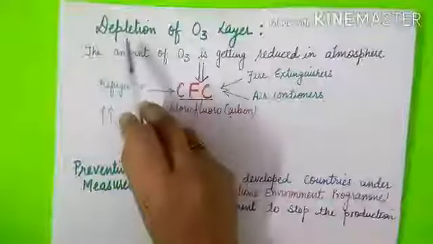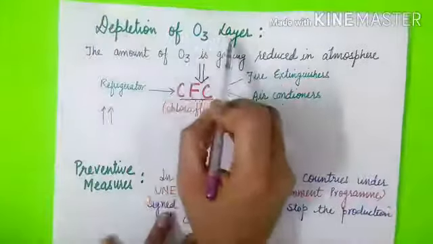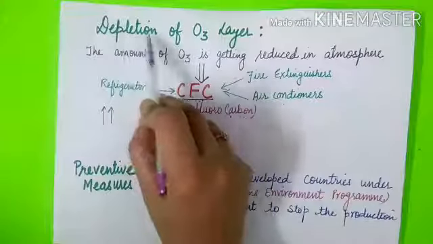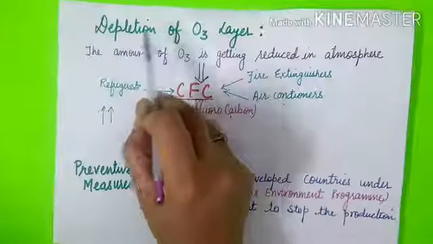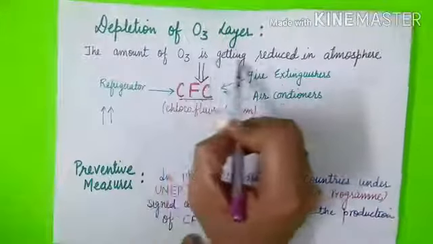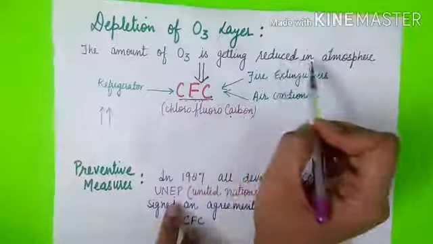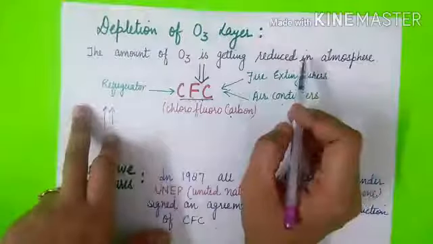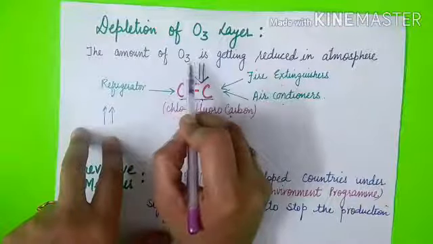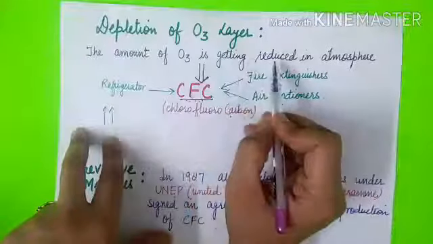Now come to the topic depletion of the ozone layer. You might have heard this word depletion through newspapers. It means the amount of ozone is getting reduced in the atmosphere. Now the question is, what is the reason the amount of ozone is getting reduced?